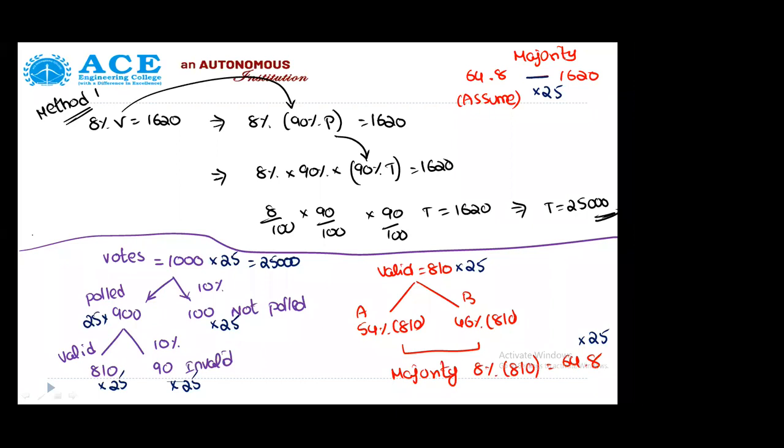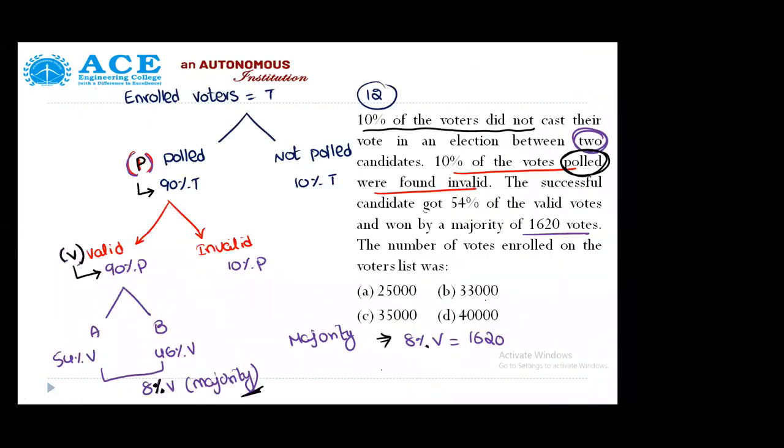This is the assumption you make, and you can correct it at the end with the multiplication factor. Got the point guys? Whatever is convenient for you, people can apply that.